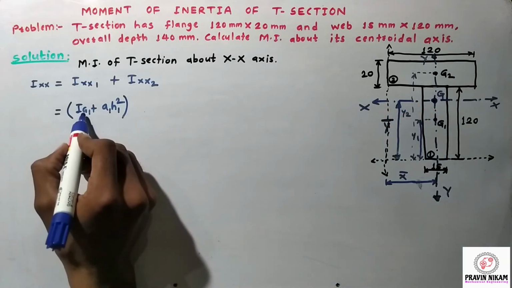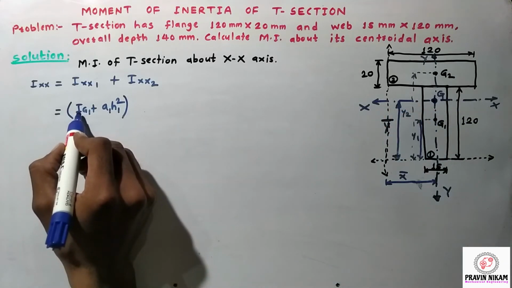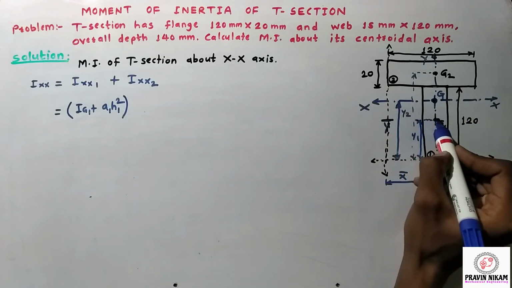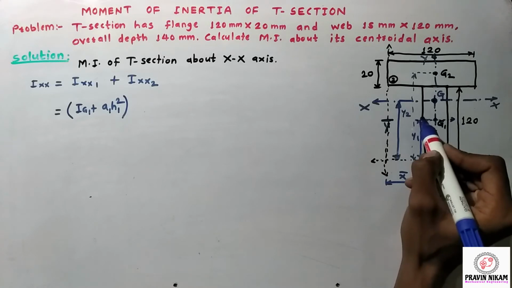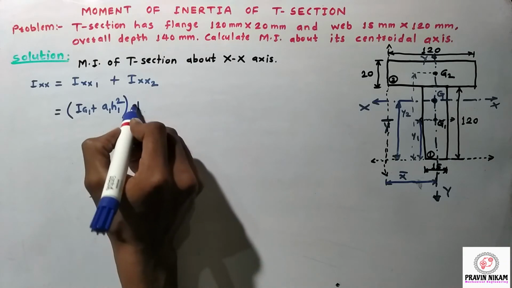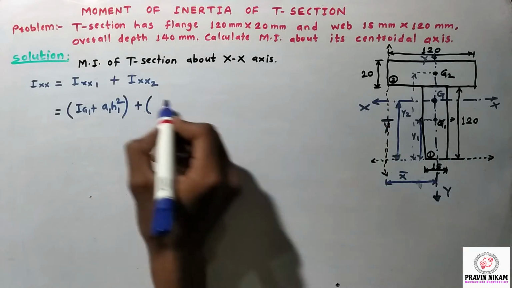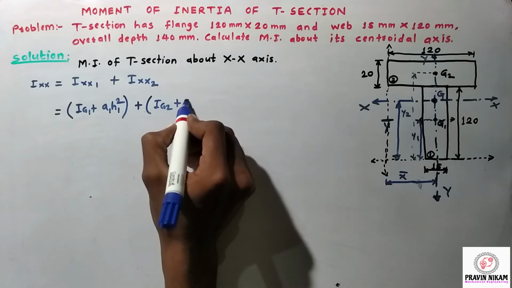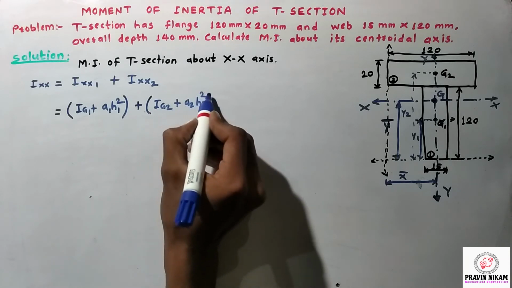So Ig1 means the moment of inertia of section 1 about the x-axis. For the second section, the parallel axis theorem gives Ig2 plus A2 H2 square.